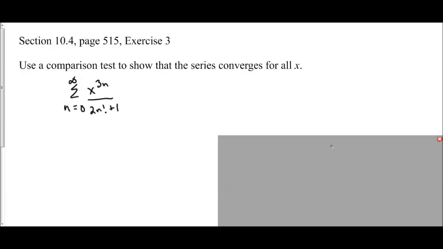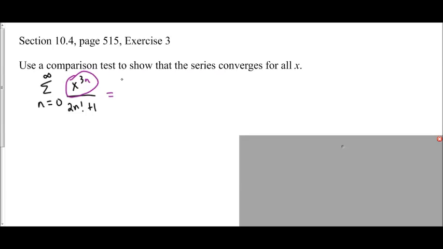So let's go back to the problem. What we need to do is find a series that converges that has terms that are greater than the one that we're looking at here. Now, I would be suspicious that this x to the 3n might be part of a Maclaurin series. So let's write out the first few terms here.